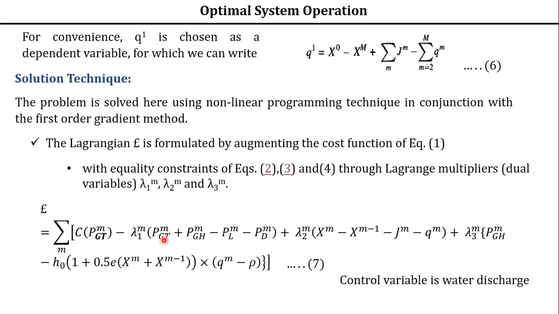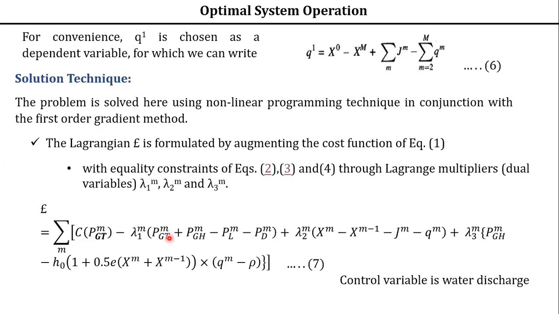Where is PGT? In this one PGT is there. In this one PGT is not there, and in this one also PGT is not there. So obviously these terms will be 0 when taking the partial derivative, isn't it? There is no PGT term here, so 0. There is no PGT term in this equation also, so it is 0.